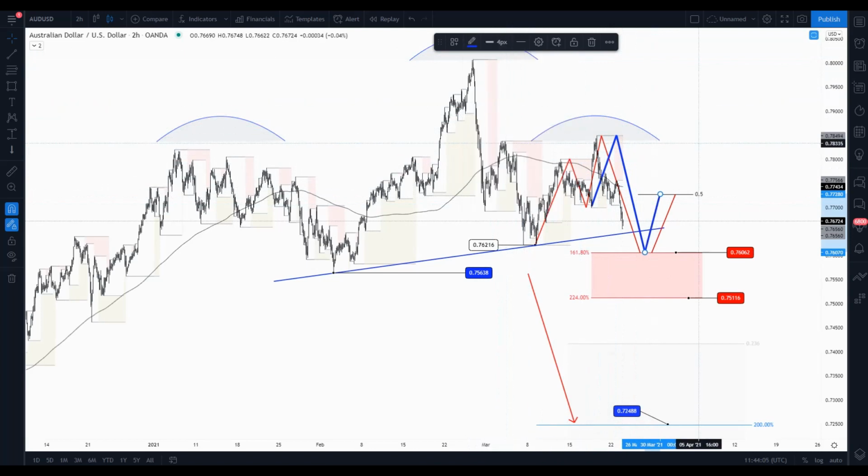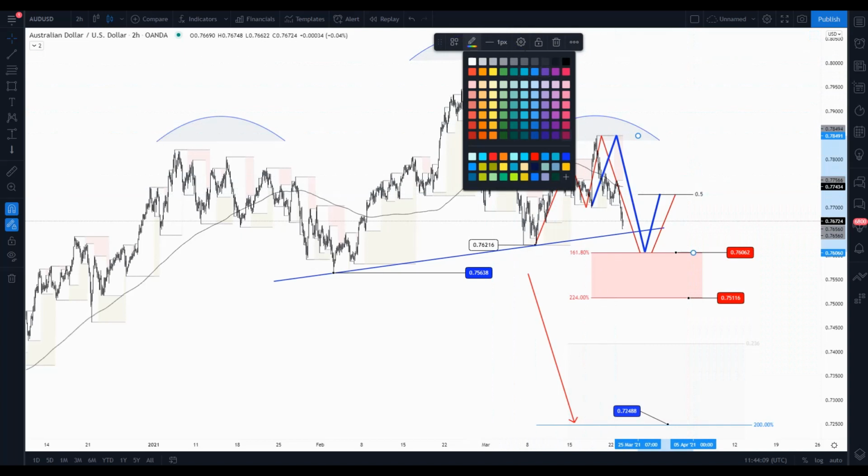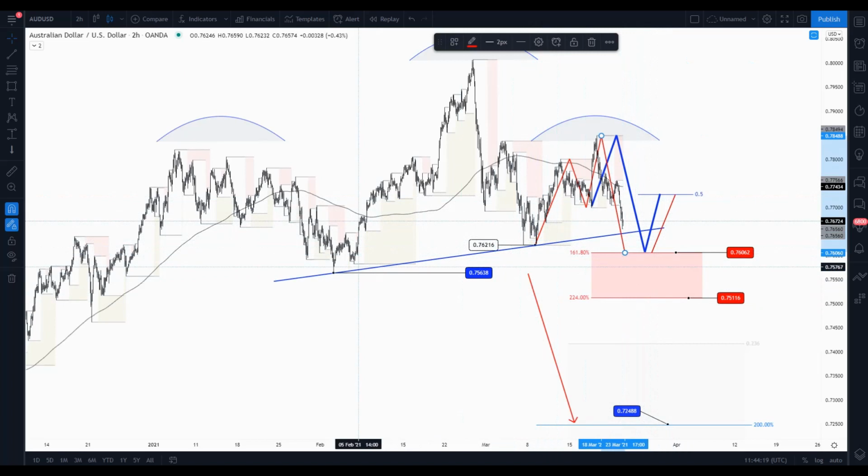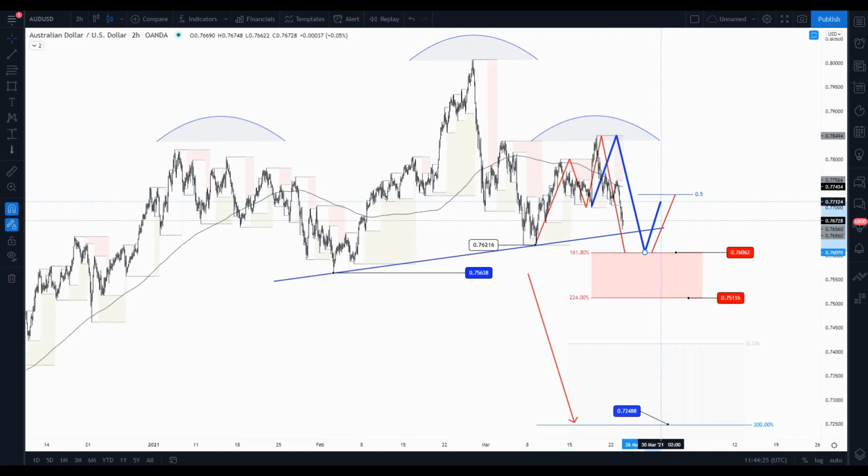It's an if-then situation. If the price decides to print the bullish shark pattern, we will expect a bounce from these levels, from a horizontal support and the next zone for the heads and shoulders. We will expect a bounce from these levels, and that will print the bearish 5-0 sequence.